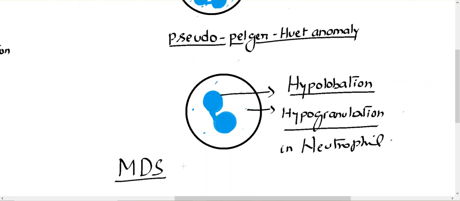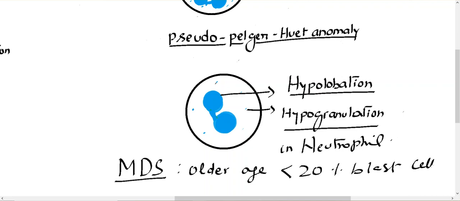So what is myelodysplastic syndrome? It is mainly seen in the older population, older age group, and where in the bone marrow there is less than 20% of the blast cells.